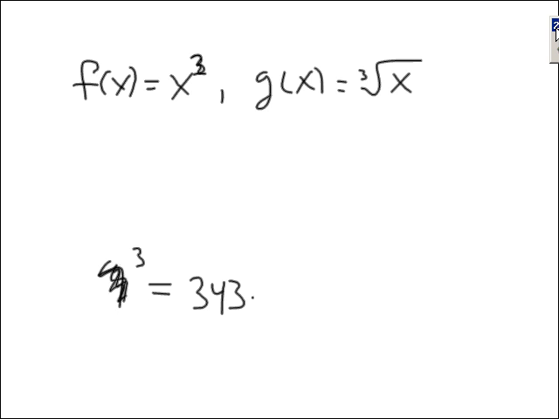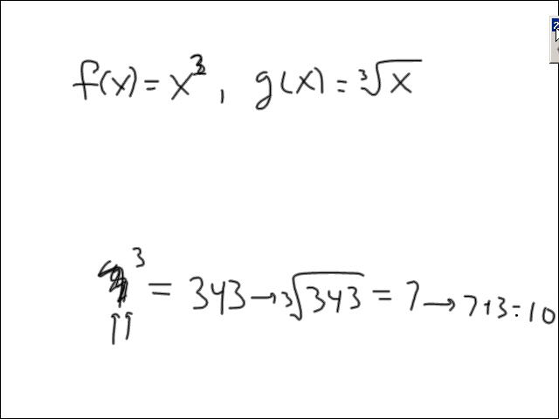Well, you don't start the calculation over. You would take the cube root of it, and back would come that number, 7. And then you would add 3, and you'd be where you meant to be.